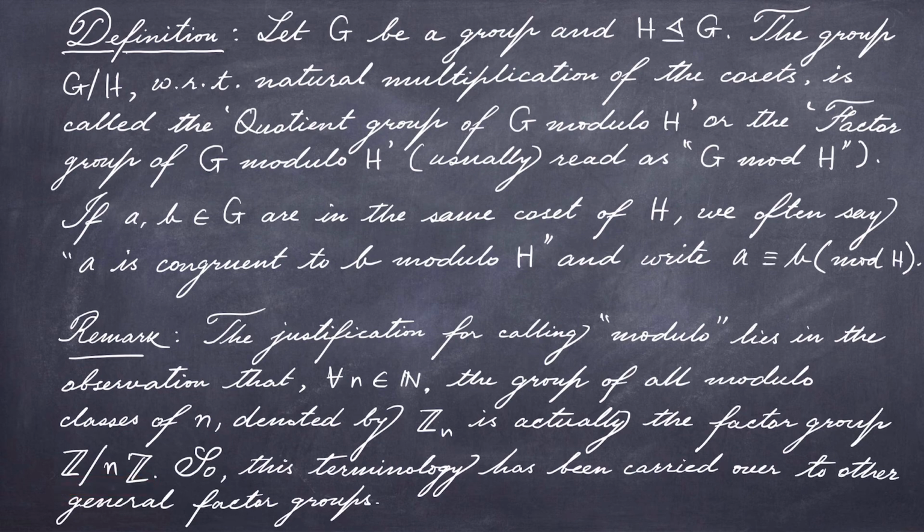So this Zn that we have seen earlier is nothing but this quotient group. And like inside Zn, A bar equals B bar if and only if A is congruent to B modulo n.